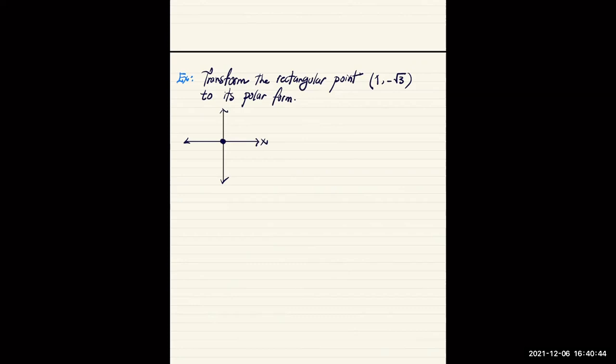We're going 1 for x and negative root 3. Root 3 is about 1.7, so that should be somewhere around here. Okay, so that's the point.